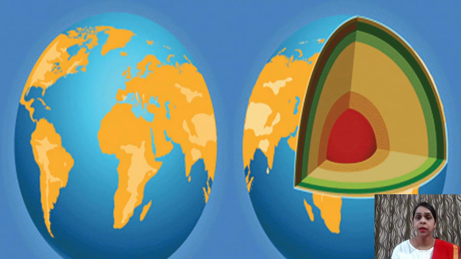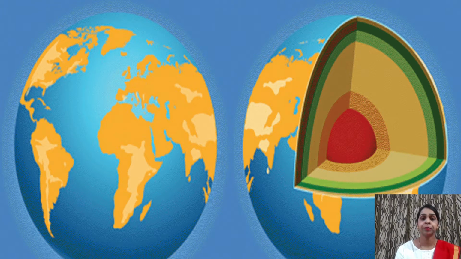As a result, the outer layer, the crust of the earth, became cooler and solid. But as we move towards the center of the earth, the core, heat increases and the deep interior is semi-liquid.